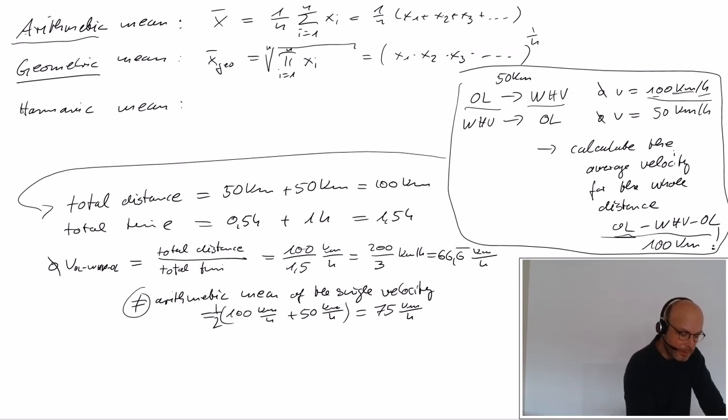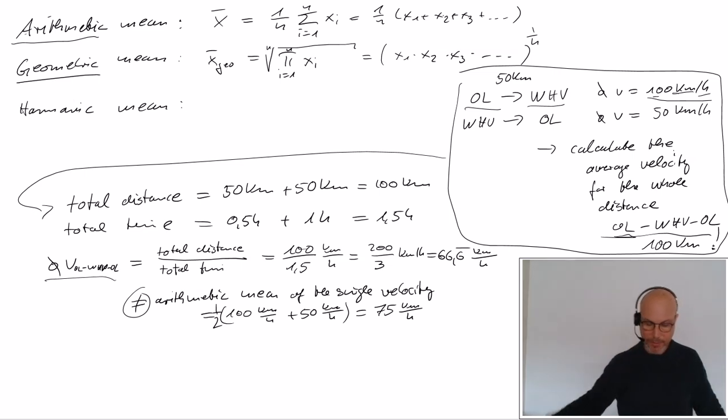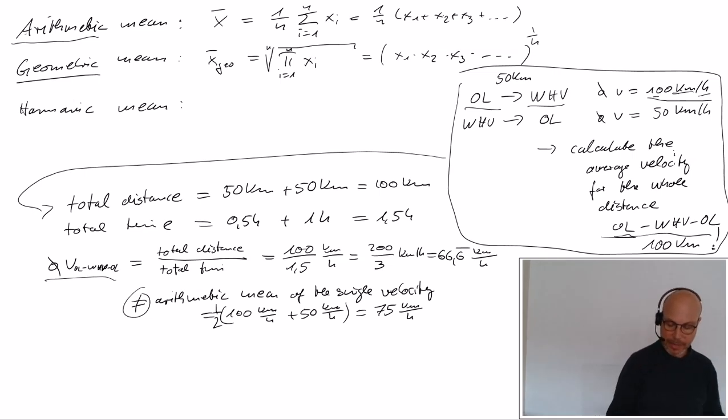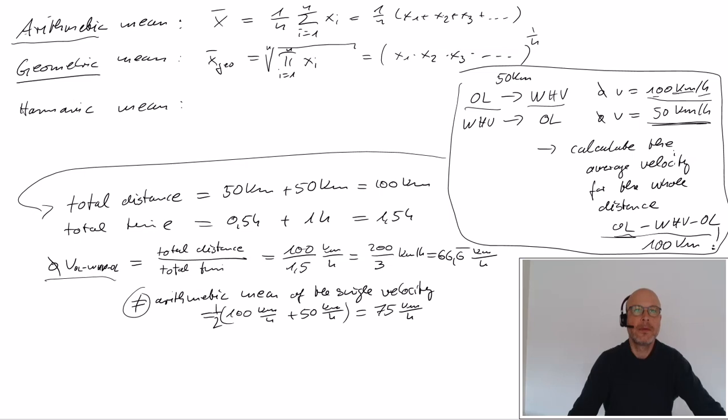Of course, this is nevertheless also an average velocity. Maybe it's also intuitively clear that it has to be less than 75 kilometers per hour because the time I spent on the street at 50 kilometers per hour is much longer than the time I spent the same distance at 100 kilometers per hour.